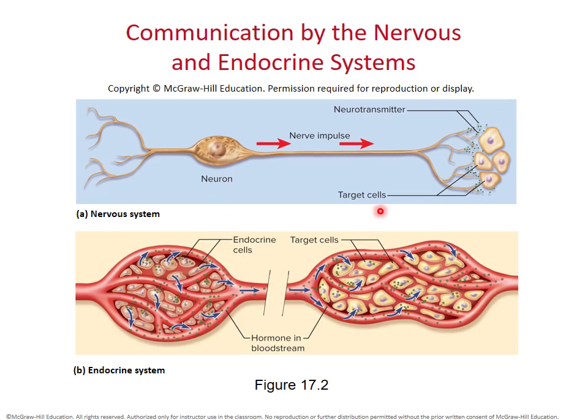So here we see a visual, again, just summarizing the similarities and differences between the two systems. Again, in both cases, we're releasing a chemical onto some target cells, but in one case it's via a synapse, in the other case it's via the bloodstream. And again, in terms of the transmission of the signal over long distances, it's done by action potentials in the nervous system, and of course done by the bloodstream in the endocrine system.